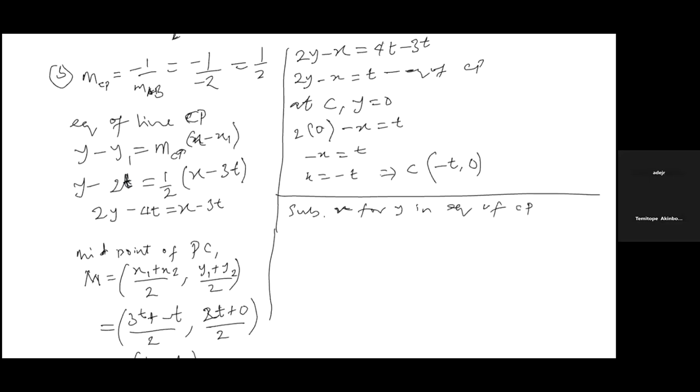Don't forget the question says we should show. That's why I'm doing this again. Because we have been given that we should show that it lies on the line y equals x. So if I substitute x for y in that equation, I will have 2x minus x equals t. 2x minus x equals t. x equals t. So you can see that we're able to establish that the x coordinate is t, which is what we have here also in the midpoint.